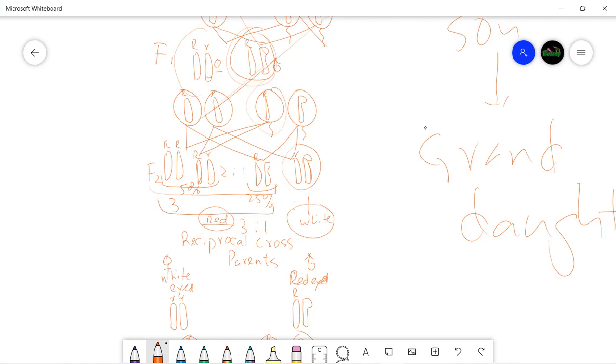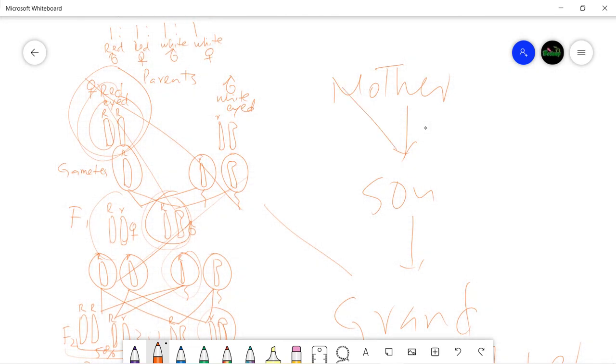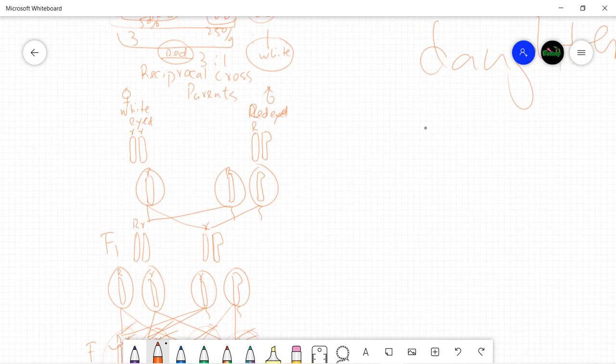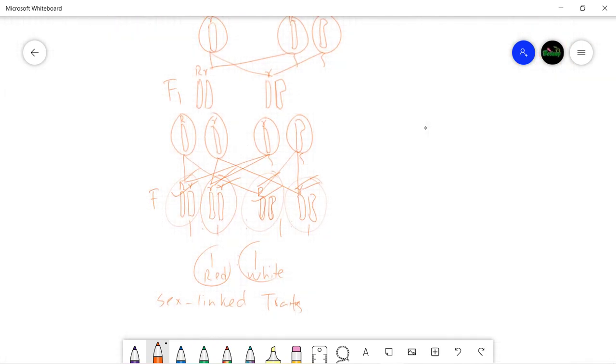So the trait is transferred from mother to son and from son to granddaughter and so forth. This is the regular pattern of sex-linked traits.